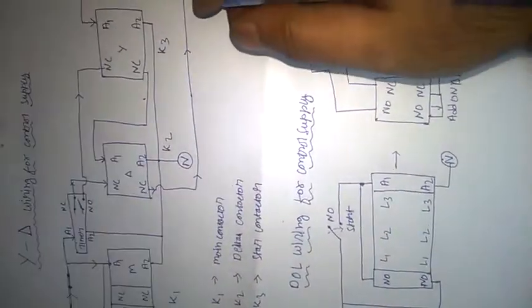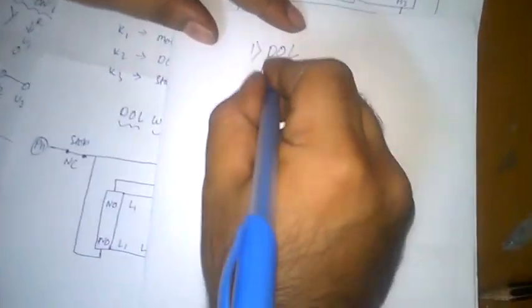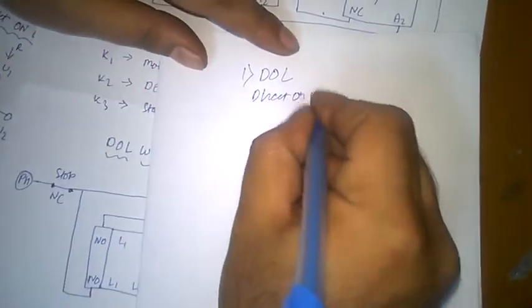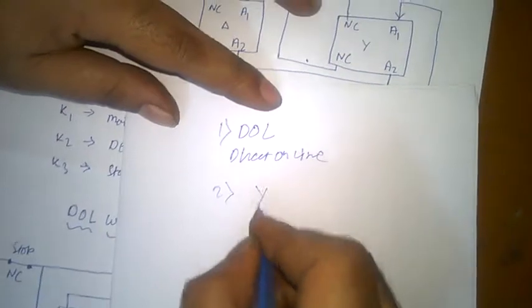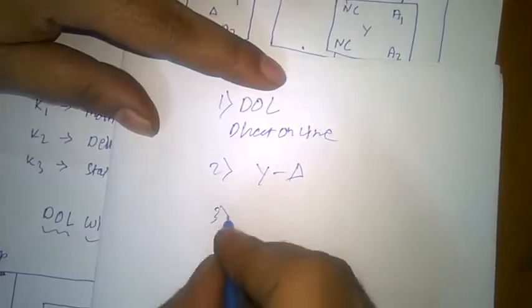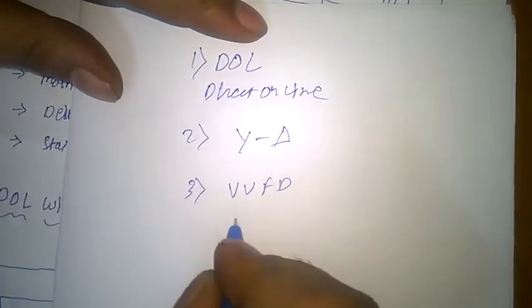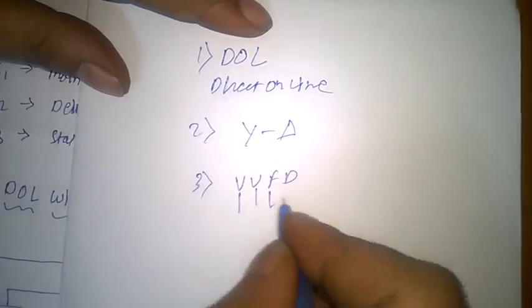Now I will tell you about the control drawings for different kinds of starters. As we know, mainly in industries for starting and controlling motors, we use different kinds of starters. One is DOL, called direct online, and second is star delta. Thirdly, we can use VFD, that means variable voltage frequency drive.